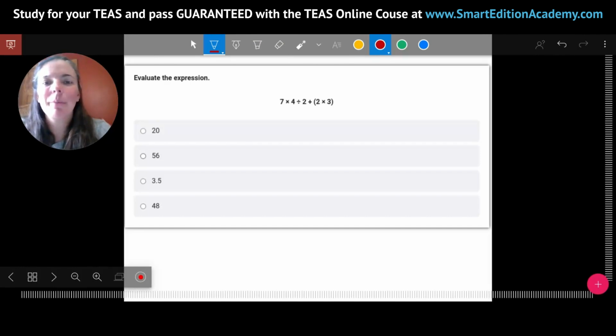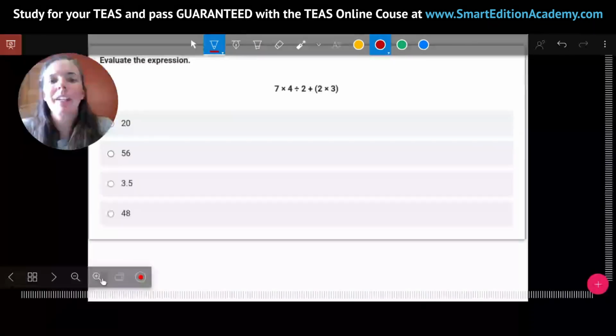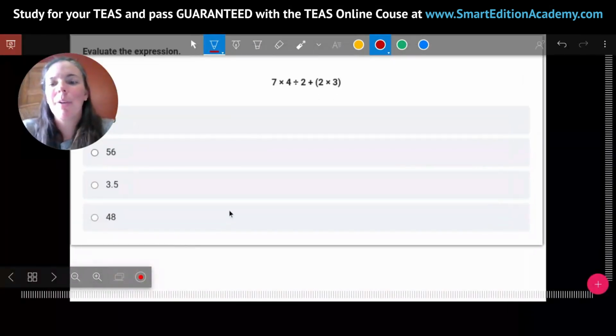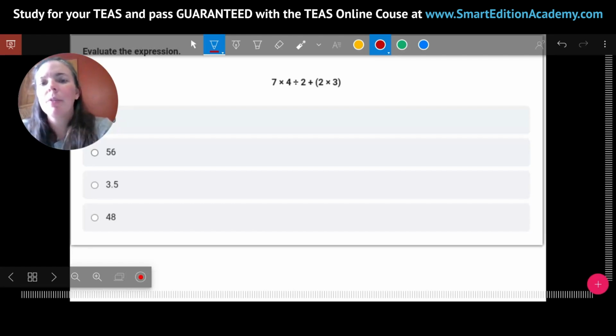Okay, try one more. Again, I'll give you a quick little head start, and then I will start to solve. Cool. Okay, so I am going to do parentheses first. I see 2 times 3, which is 6.